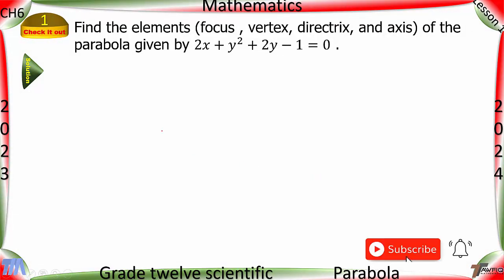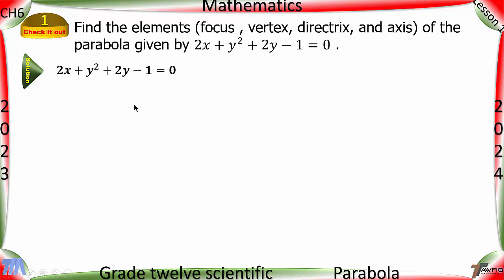Find the elements of the parabola given by 2x plus y squared plus 2y minus 1. First of all, you have y squared, so you must take y squared and 2y to the left side and 2x minus 1 to the right side. So because they are at the left side, they remain the same, y squared plus 2y is equal.